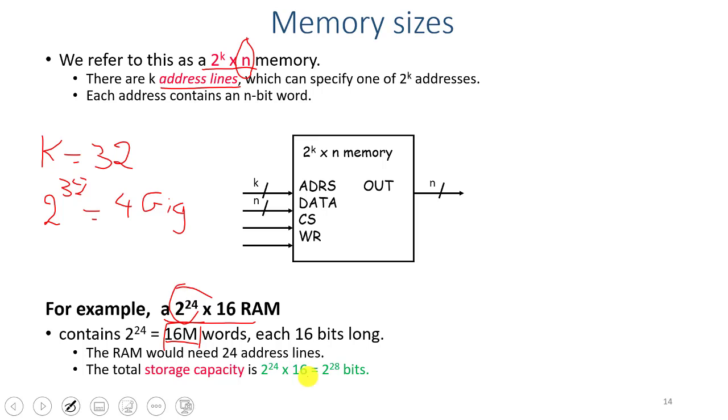So in total, I will have 24 address lines. The total storage will be 2 to the power 24 multiplied by 2 to the power 4, which is 16, and that equals 2 to the power 28.